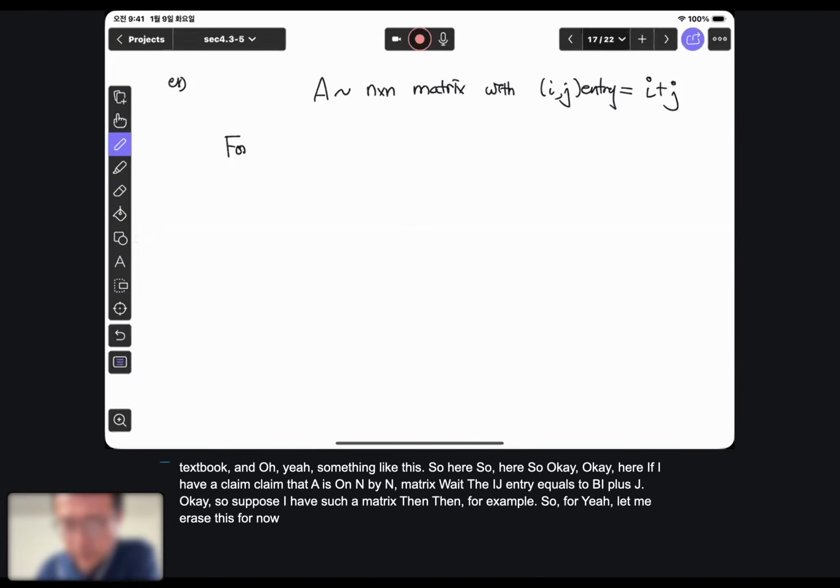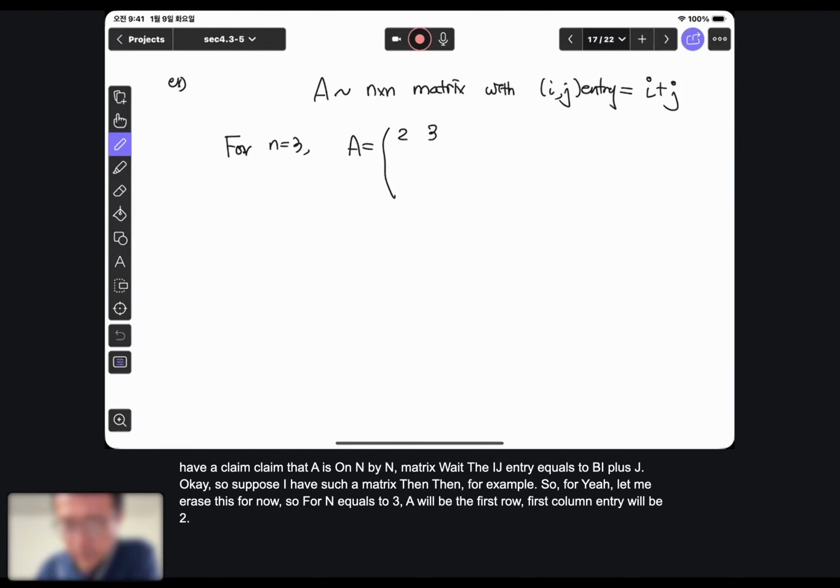So for n equals 3, A will be: the first row, first column entry will be 2, then 3, 4, 3, 4, 5, 4, 5, and 6.